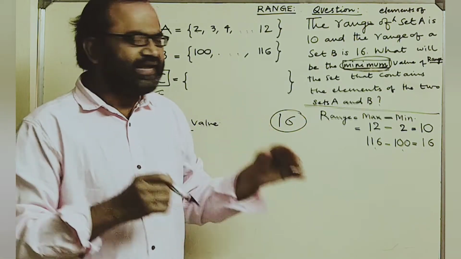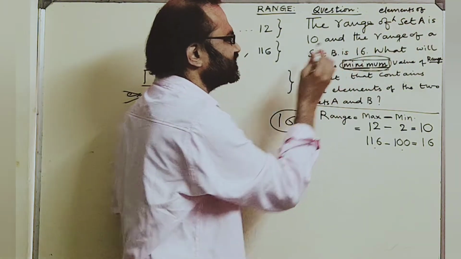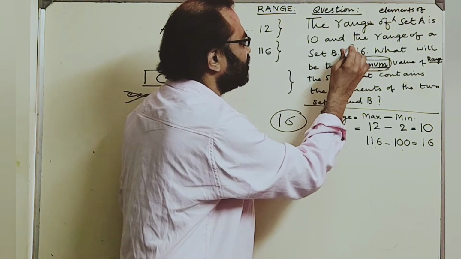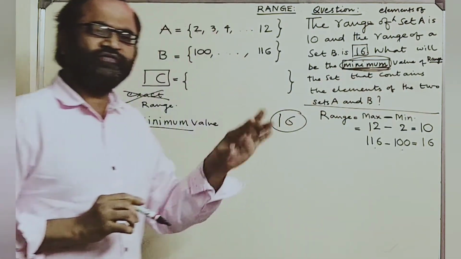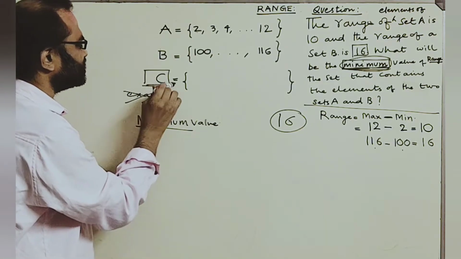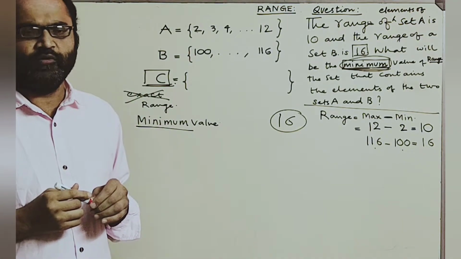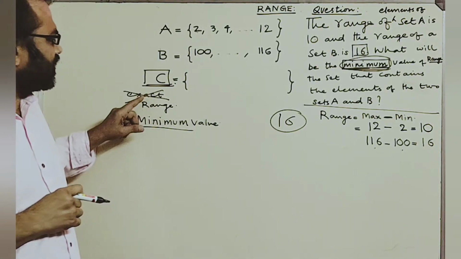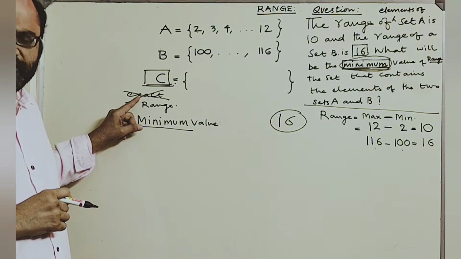That is, whichever set's range is greater, the range of that set would be the minimum value of the range of the combined set. Remind yourself again, the question is about the minimum value, not about finding the exact value of range.